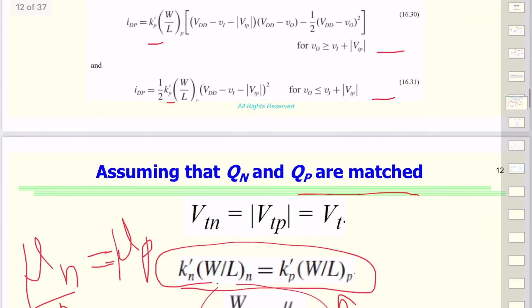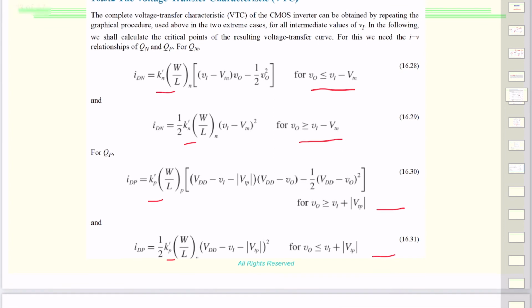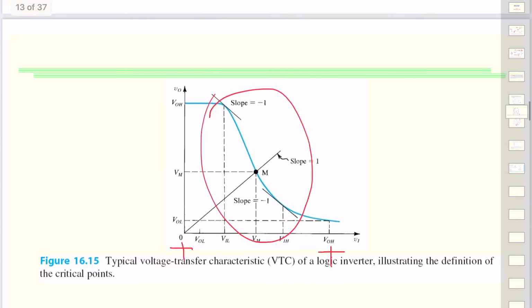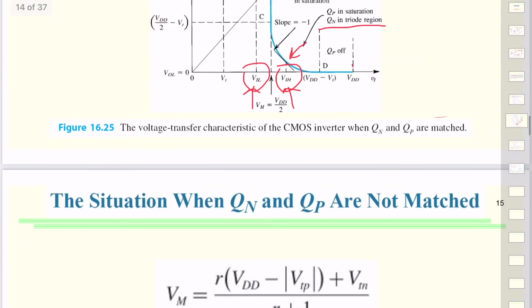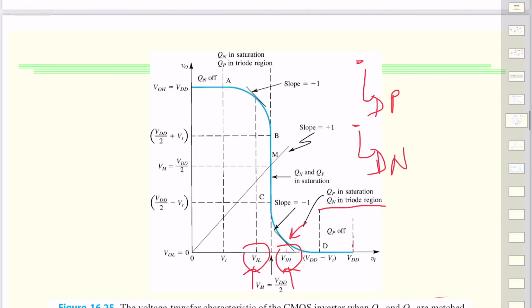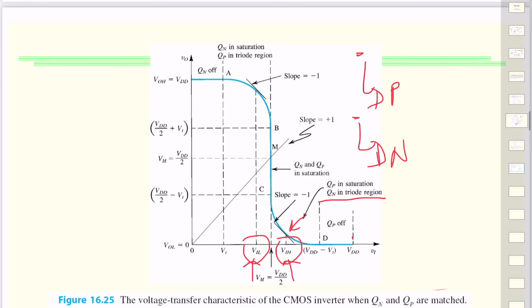So going back to these current equations, for QP in saturation and QN in triode, we can equate them, and that would give us a simple clean relationship for noise margin and the levels of these two as well as the noise margin.